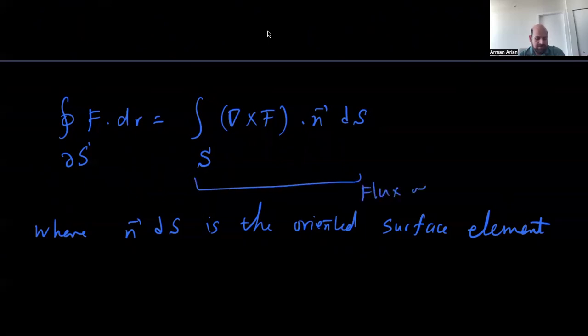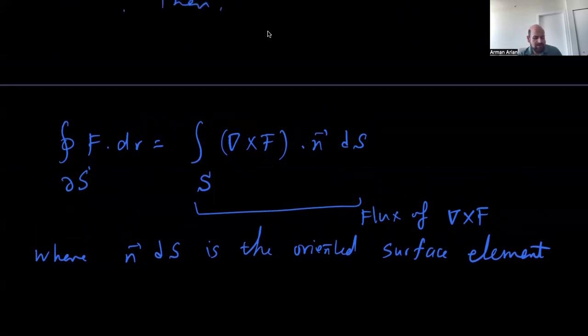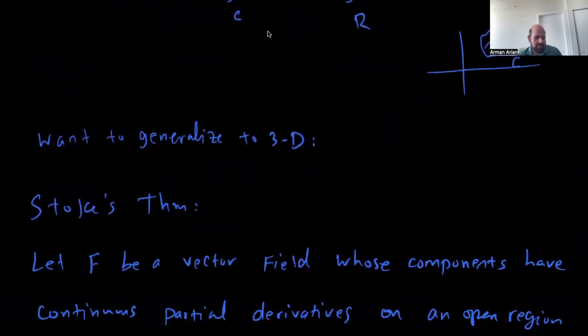Flux of, but not flux of F, but flux of curl of F. So Stokes' theorem helps us to calculate the flux of curl of F with just the information about the values of F on the boundary of S. So values of F on the boundary are enough in order to calculate the flux of the curl on the whole surface.